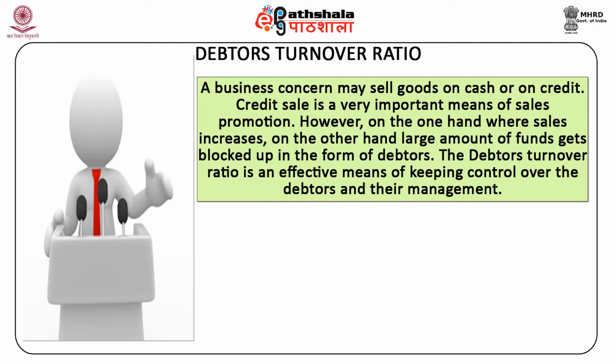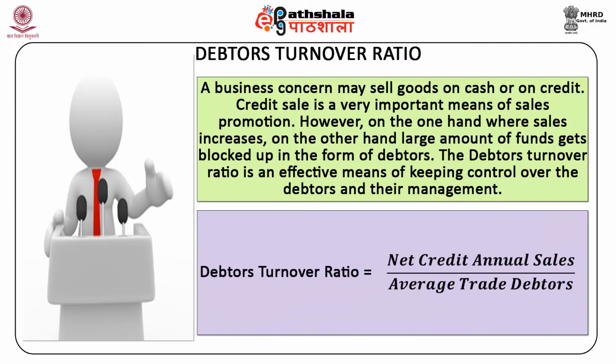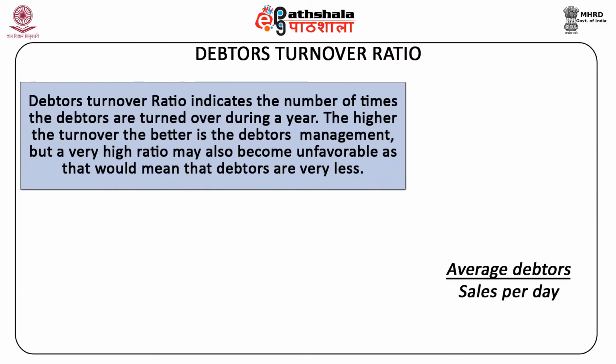It is given by the following formula. Debtors turnover ratio is equal to net credit annual sales divided by average trade debtors. Debtors turnover ratio indicates the number of times the debtors are turned over during a year.